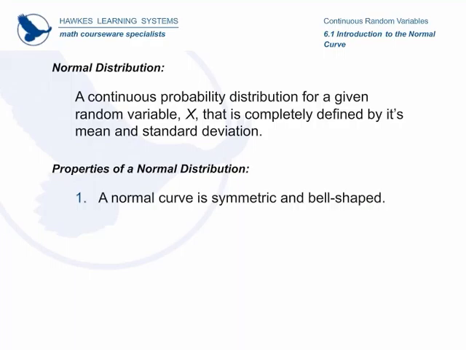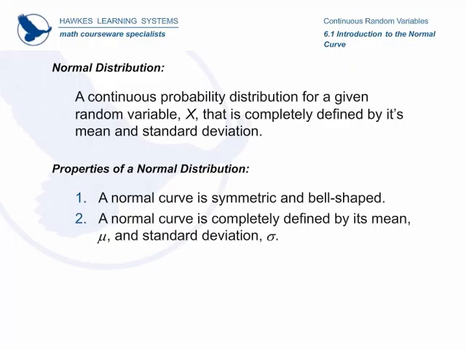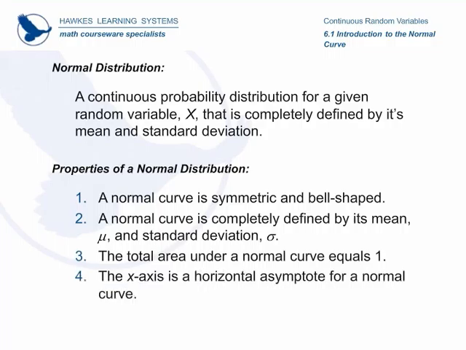A normal curve is symmetric and bell-shaped. A normal curve is completely defined by its mean and standard deviation. The total area under a normal curve equals 1. The x-axis is a horizontal asymptote for a normal curve.